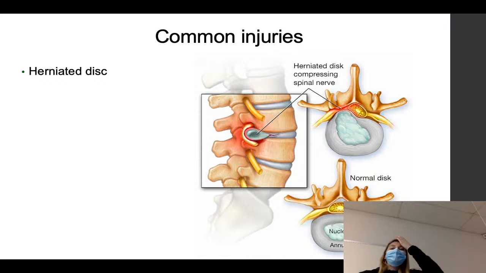All the symptoms from a herniated disc come from what the disc is pushing on. Most of the time they herniate and push onto the spinal cord or to where the nerve comes off, which is the nerve root. A bulging disc would just be a small bulge, not a complete herniation of the nucleus pulposus.